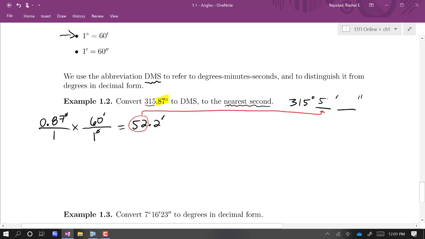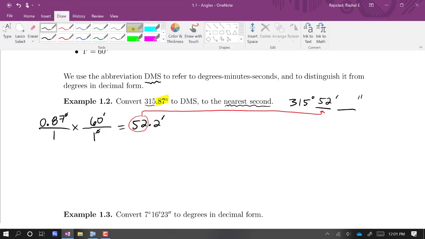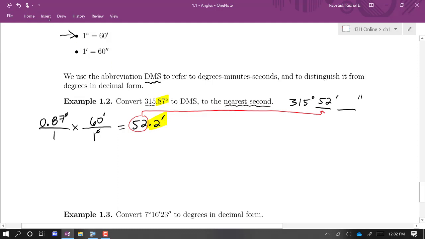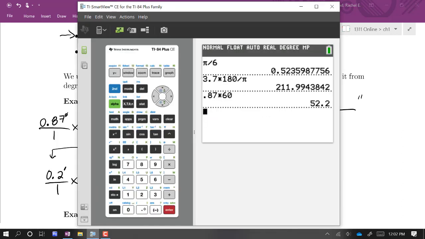52 minutes. And then I take the 0.2 minutes and convert that to seconds. So 1 minute, I put that on the bottom because I want the minutes to cancel. 60 seconds. So 0.2 times 60 is 12.